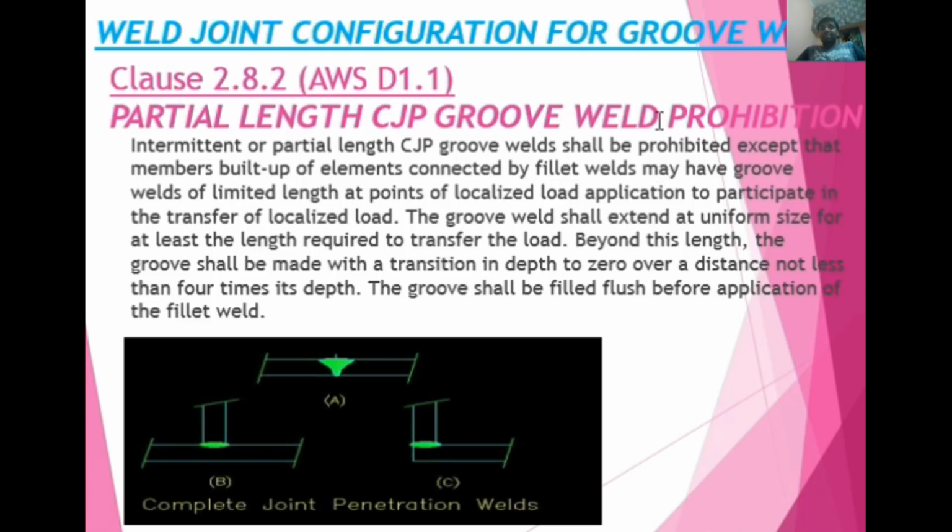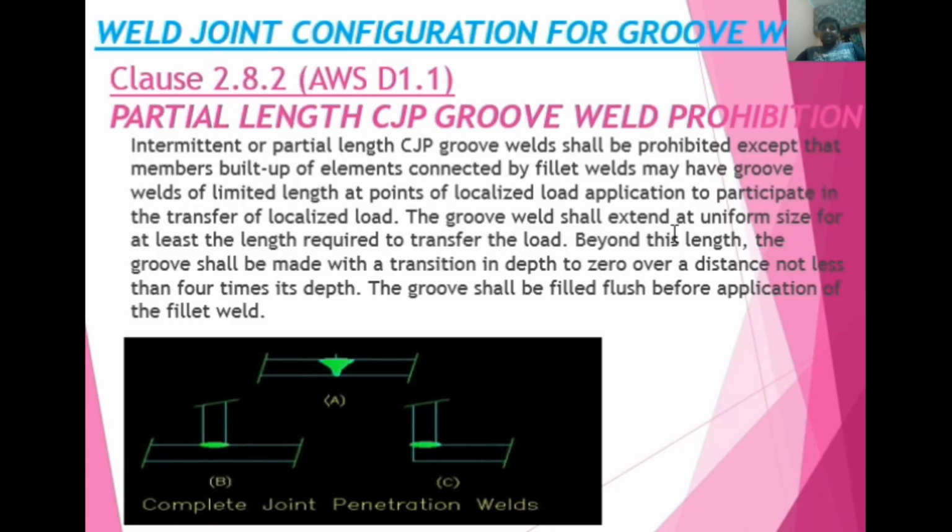You have a 300 mm groove weld, and after that there is a connection with a built up element, and with a fillet weld from there you are tying the built up element. In that case it is connected with fillet weld, so this is the case you can accept.